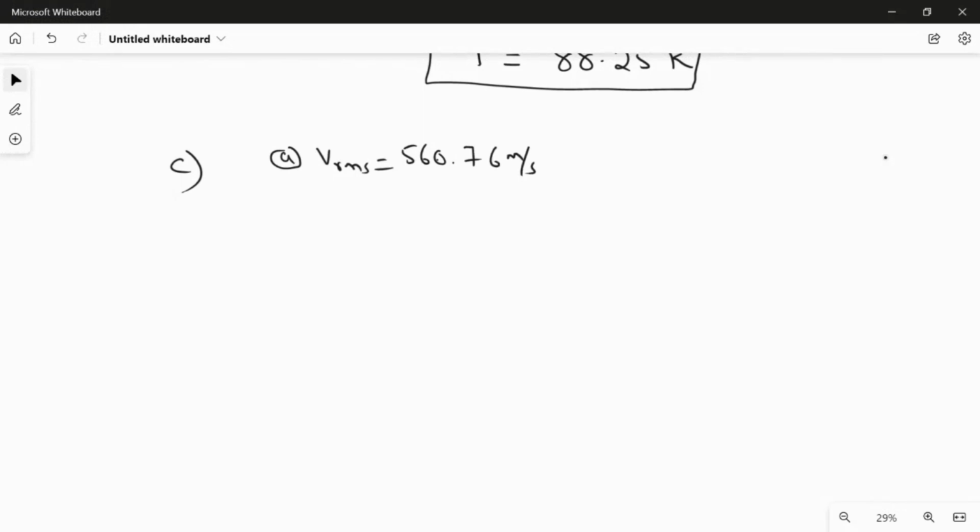So in the third part, we are going to consider our RMS as double the value. So I have to multiply this value, 560.76, by 2. Here we got the answer as 1121.52. This time we have to consider this as our RMS, and again we work it out by the same method we used in the B part.